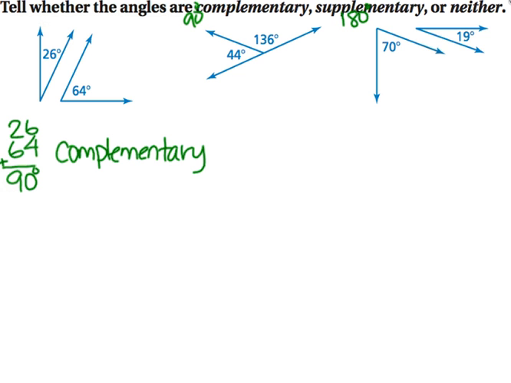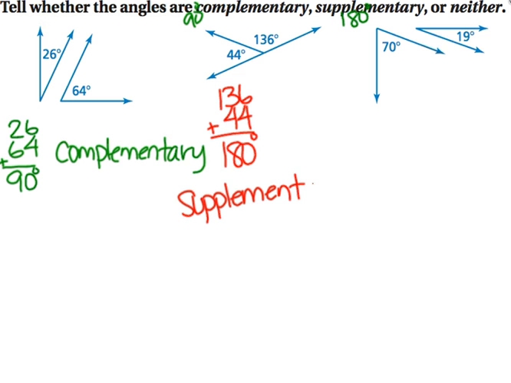For the second one, I'm going to add 136 plus 44, and that adds up to 180 degrees, which tells me that they are supplementary. And for my third example, I'm going to add 70 plus 19, which gets to 89.